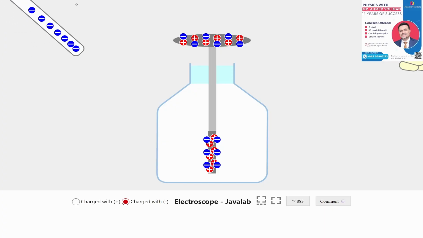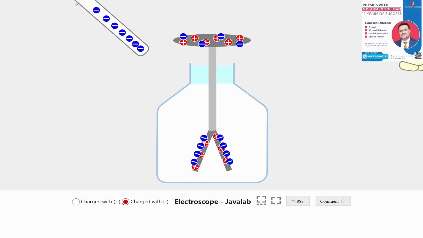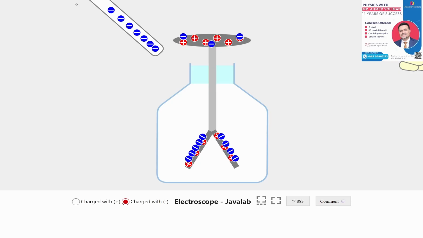What will happen, Ahmad, if I move the rod toward this gold leaf electroscope? What happens to the leaf at the bottom? It will become more negative. Yes, and also the leaf is what? Repelled, right? Yeah.